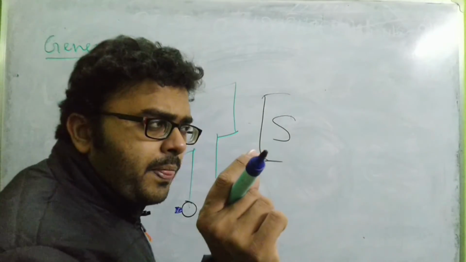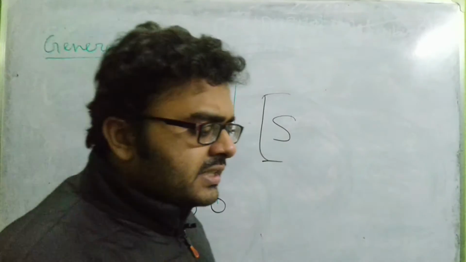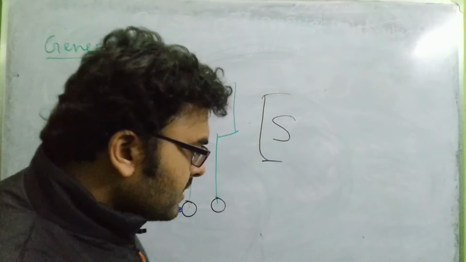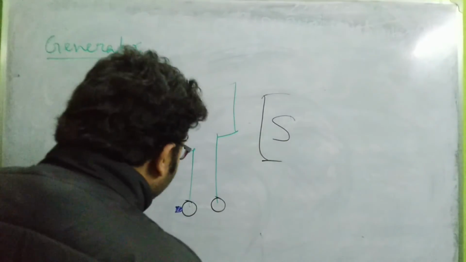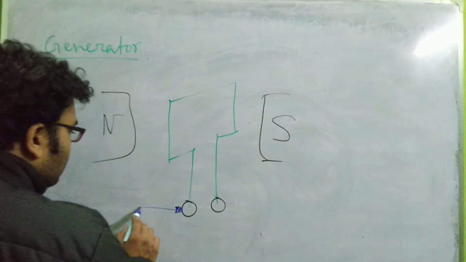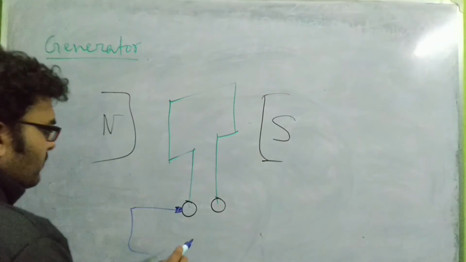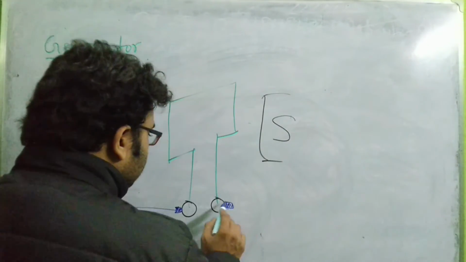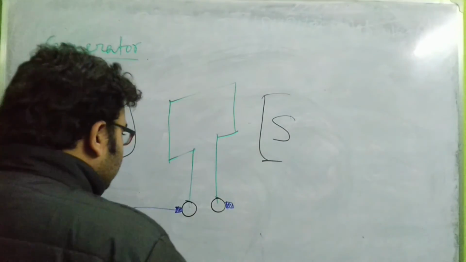It is a small construction, like the brake shoe in your cycle, made up of graphite, and from that brush the wire is taken out. Now this brush is not permanently attached to these rings. These rings are called the slip rings.